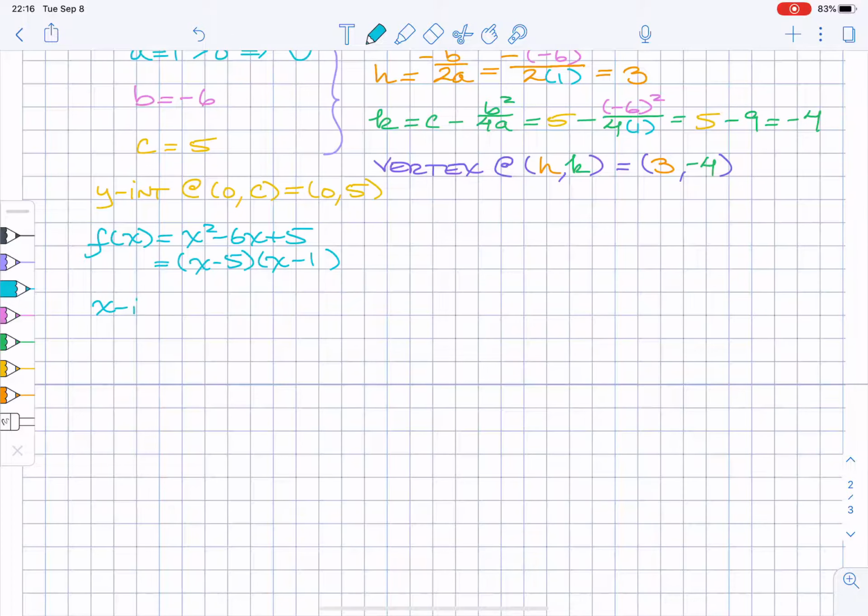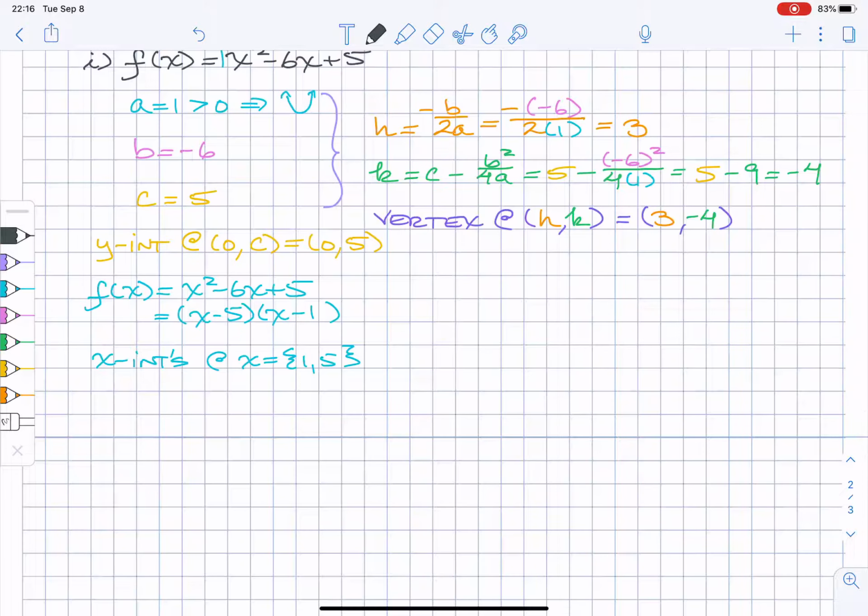So the x-intercepts are at x equals 1 and 5. Okay, so what does this mean? Let's actually draw this. I need to go down to negative 4. 1, 2, 3, 4. Oh, my y-intercept is 5.